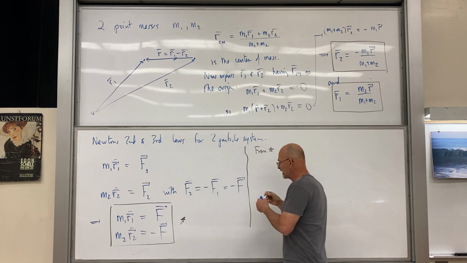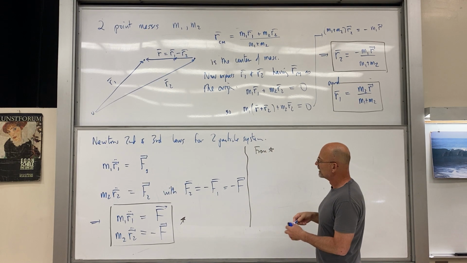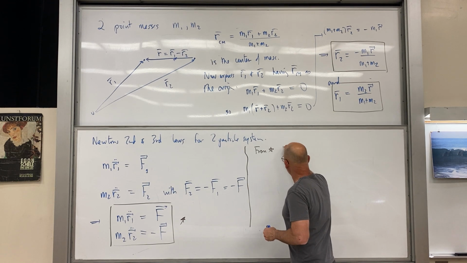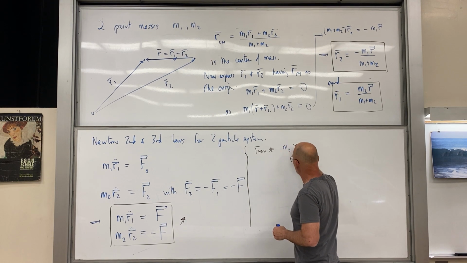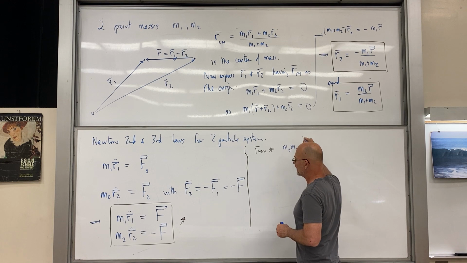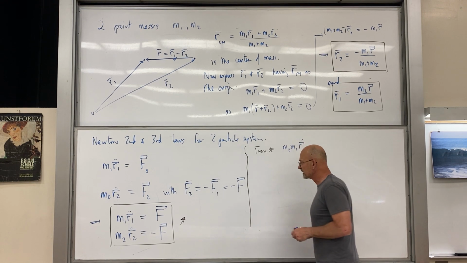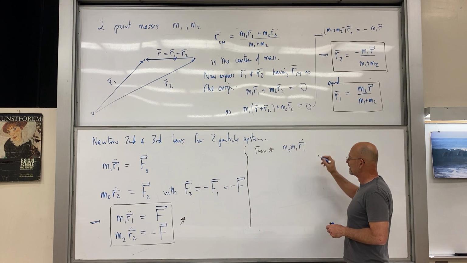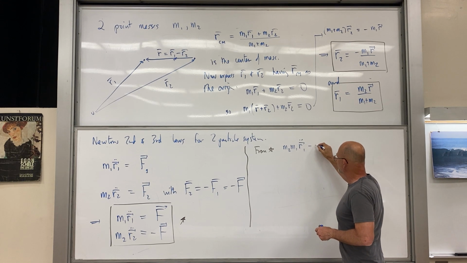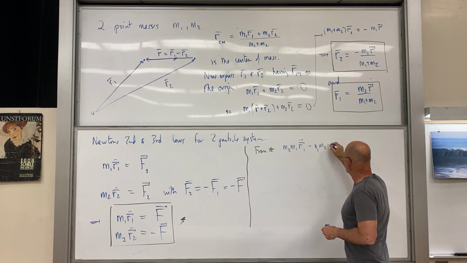So from this thing here, I'll do it. We have m2 m1 r1 second derivative minus m1 m2 r2 second derivative.